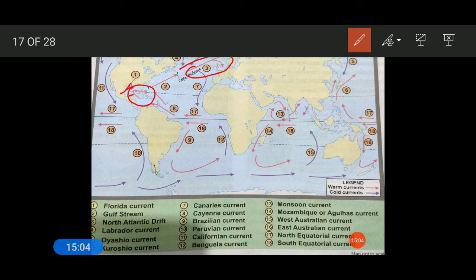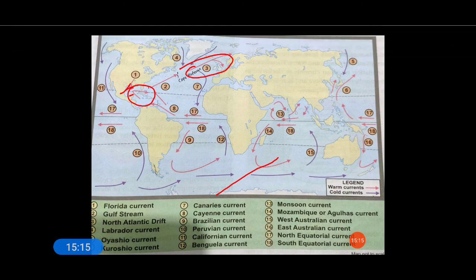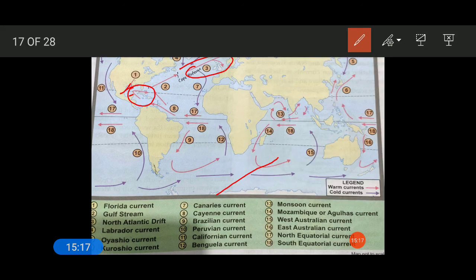Let me show you in this way because it's not visible from there. This is the North Atlantic Drift current, which is bifurcated into mainly two parts.